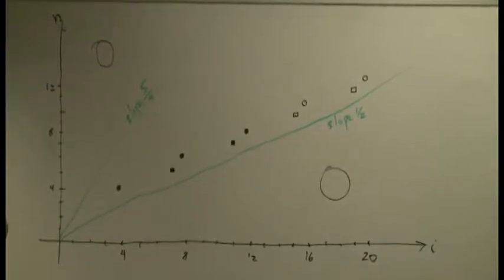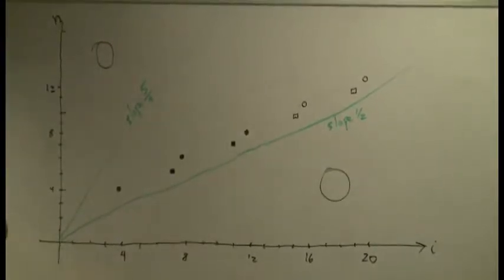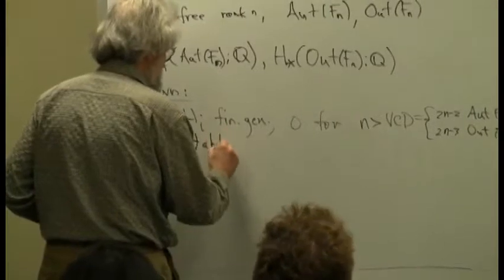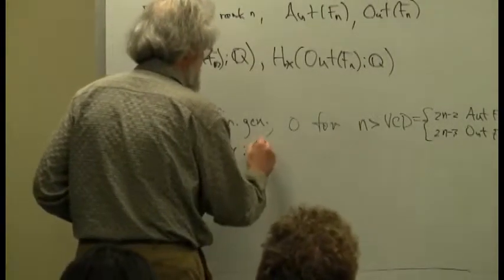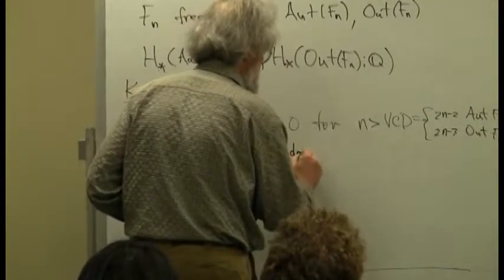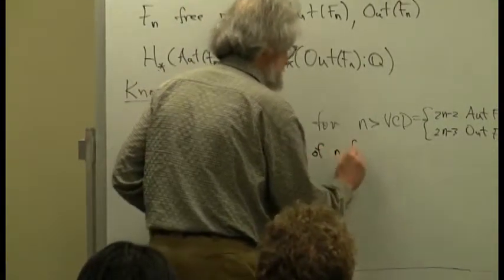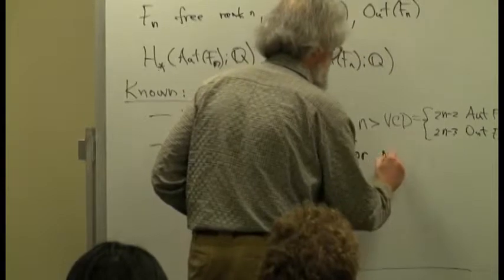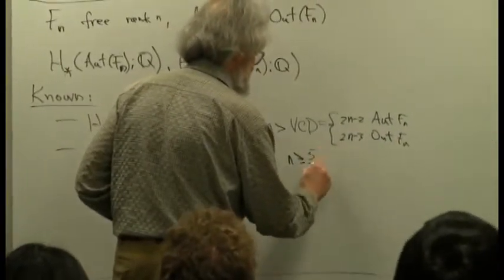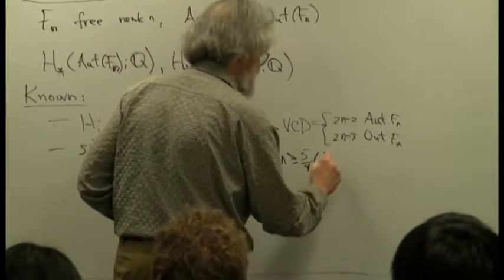Next thing is stability. H_i is independent of n once n is big enough, namely something that's known to work is n bigger than 5/4 i plus 1.